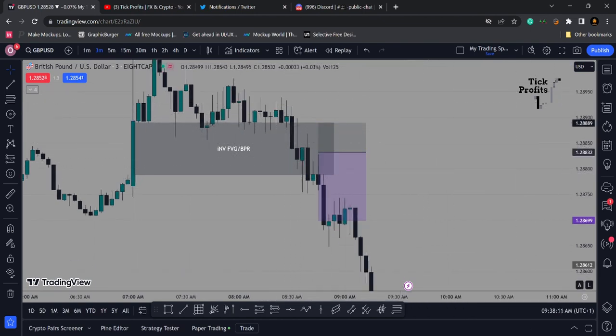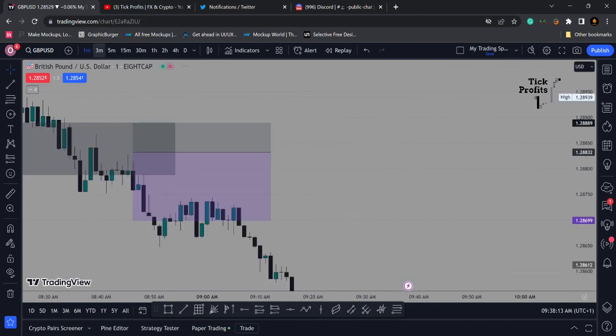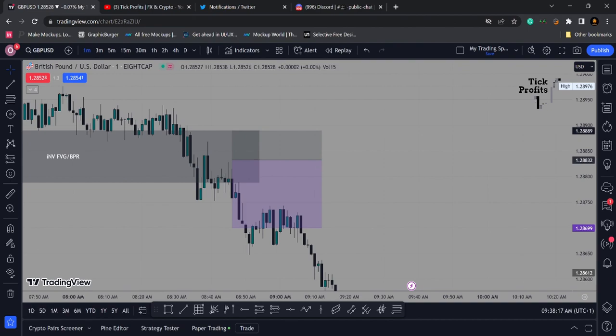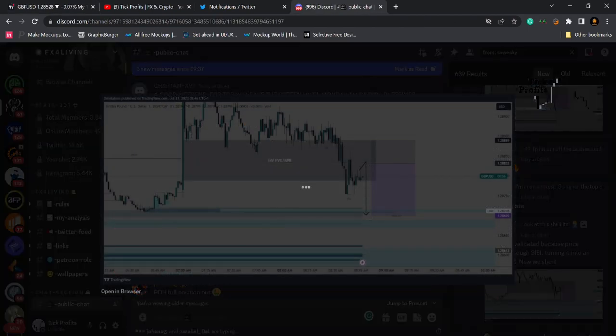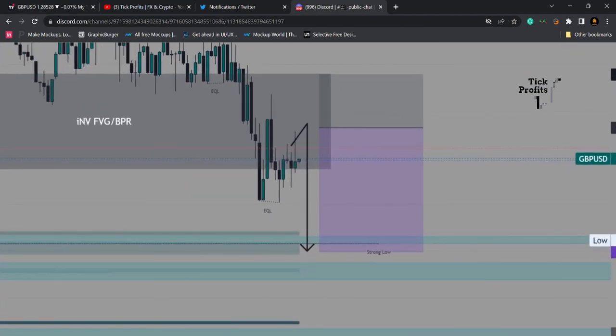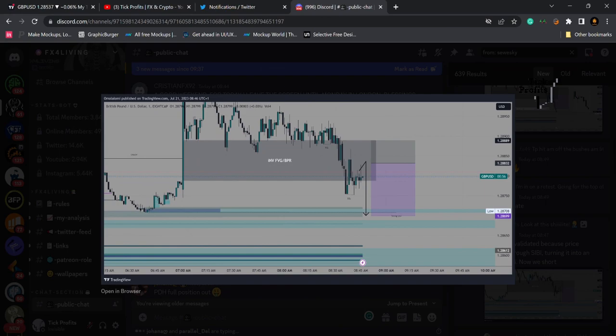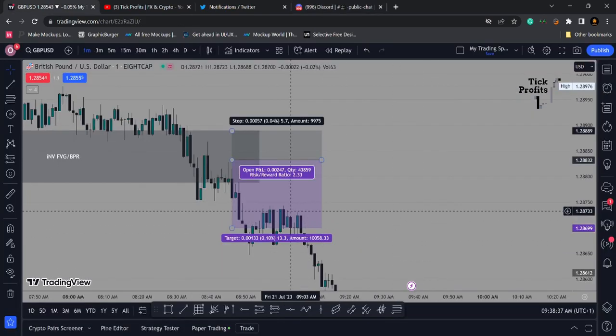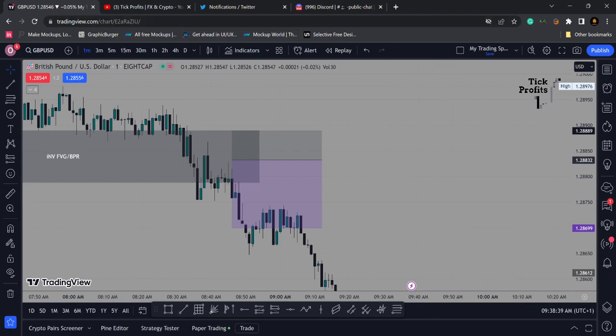So we changed our bias from bullish to bearish. We expected price to trace back into the consequent encroachment of the inverse FVG, and from there we took our sells. We got about 2.3R for that.